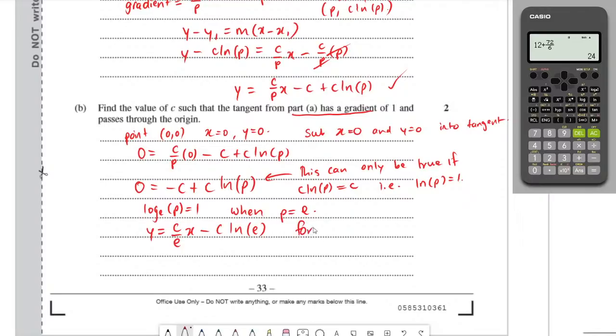Now, for the gradient to be equal to 1, c over e must be equal to 1, i.e. c must be equal to e. That's the only way for that to work. That's kind of what I suspected to begin with, but it's just a really long way around doing it.